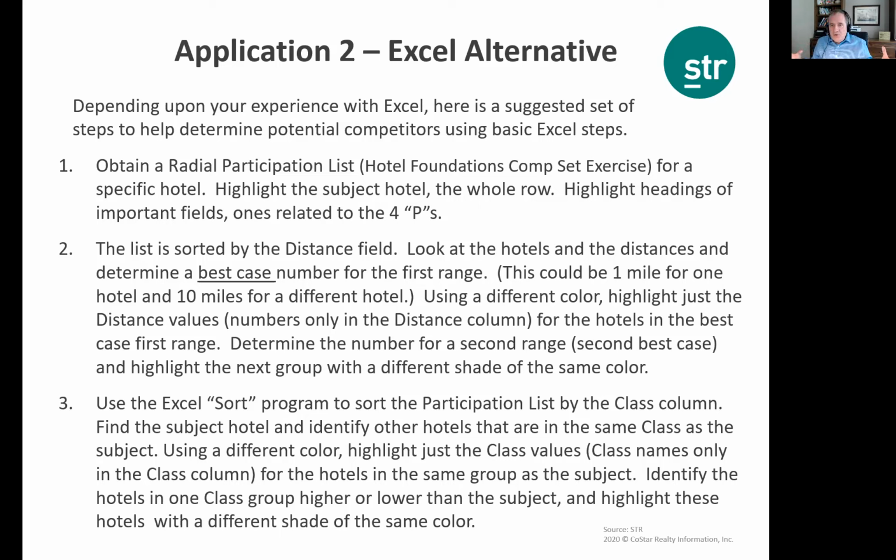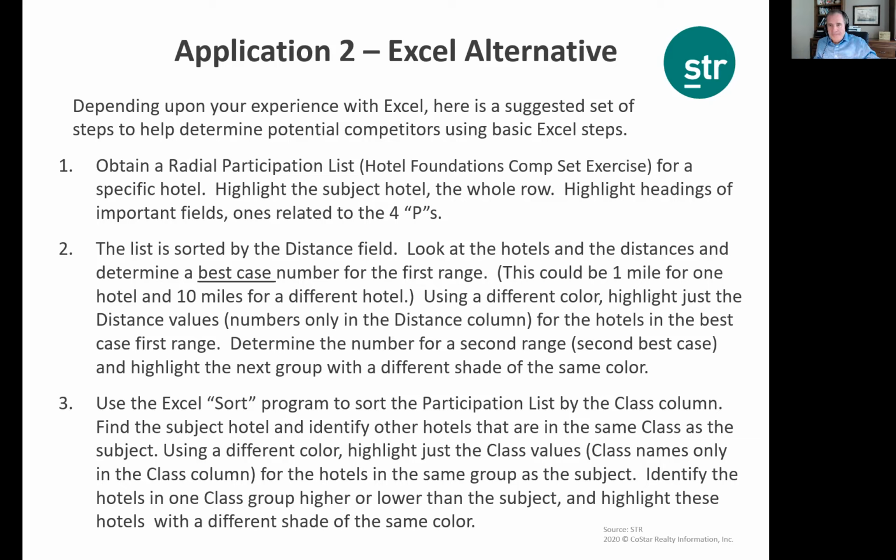Then you're going to continue in that spreadsheet, and you're going to use a sort program to sort the participation list by the other fields. For example, class is a very important field. It's going to give some indication of the price level of the hotels. So we sort it by class. Then you're going to go through the list and figure out which hotel is in the closest class, the same class as your subject, and you may highlight them in a different color.